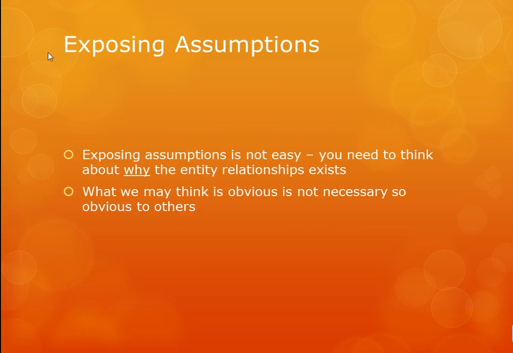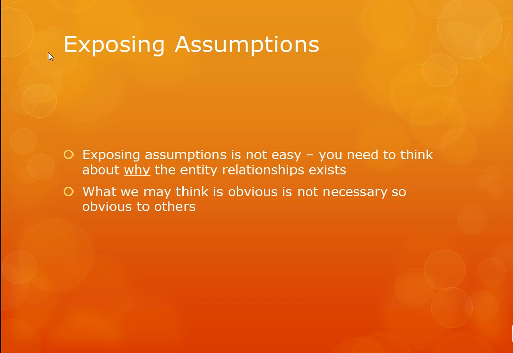So you can gauge from that that the exercise of exposing assumptions isn't easy. You need to think, and you need to answer the question why the entity relationships exist. And you'll see in the checklist that we're not talking about one entity or another, but indeed the relationship between the two entities.